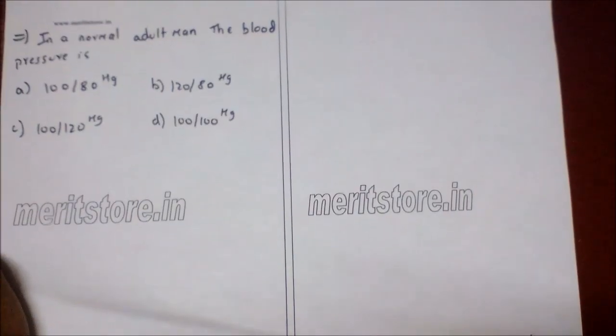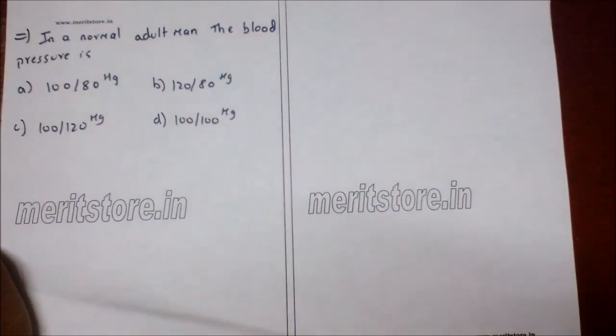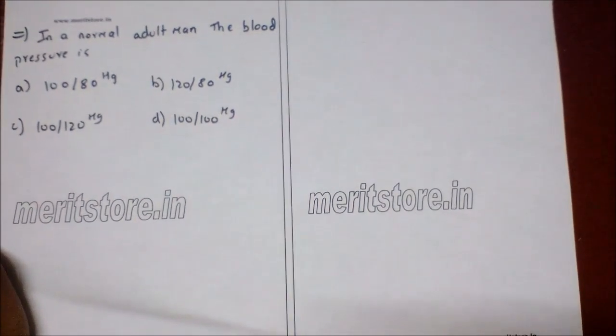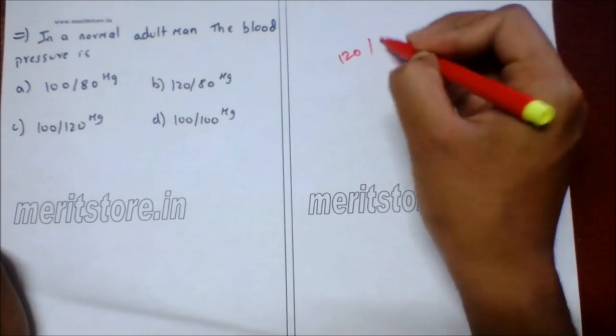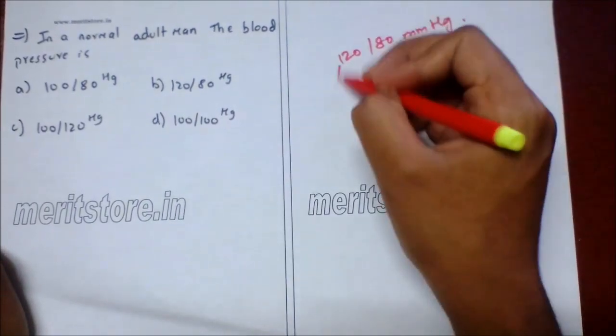In normal adult men, the blood pressure is A. 100 to 80 mmHg, B. 120 to 80 mmHg, C. 100 to 120 mmHg, D. 100 and 100 mmHg. So the normal systolic and diastolic pressure are 120 to 80 mm of mercury. This is the systolic blood pressure.